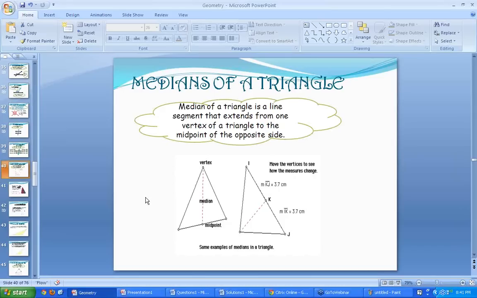Okay. So we see here that a median is a line segment which is formed by joining two points: one the vertex, the second the midpoint of the opposite side. This is the median.